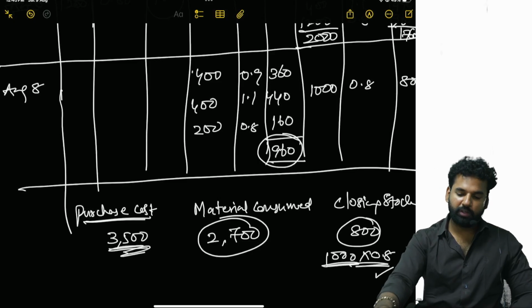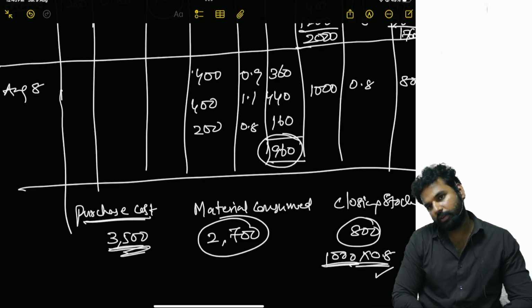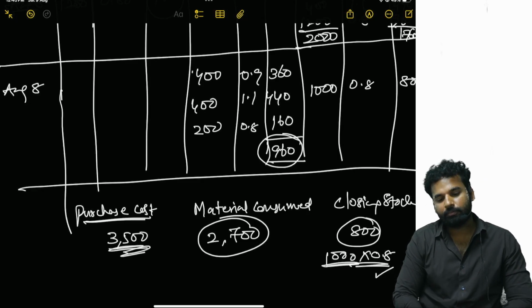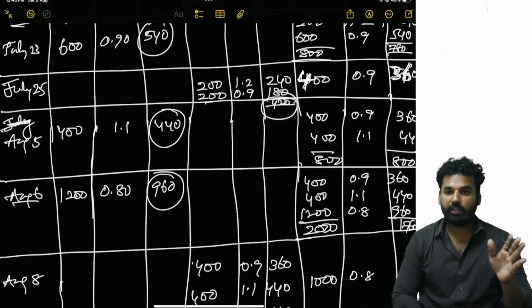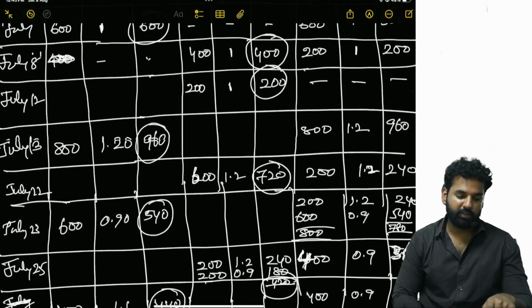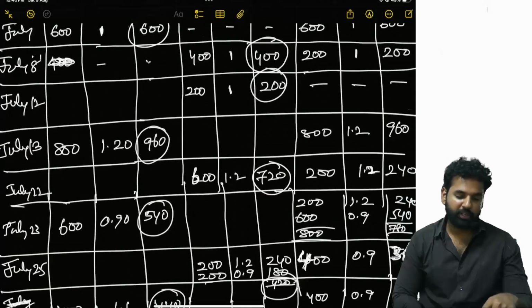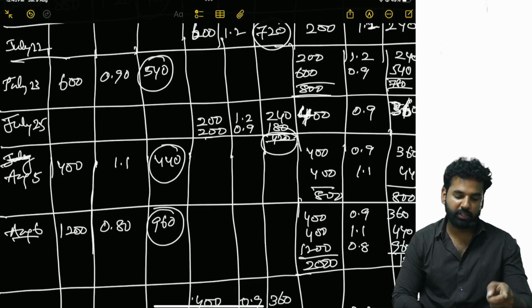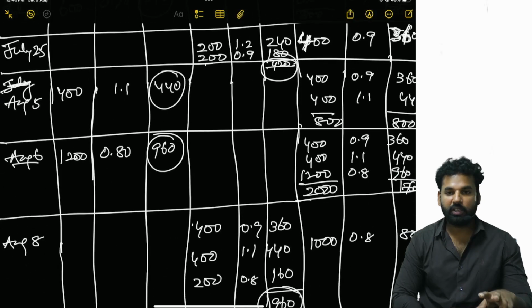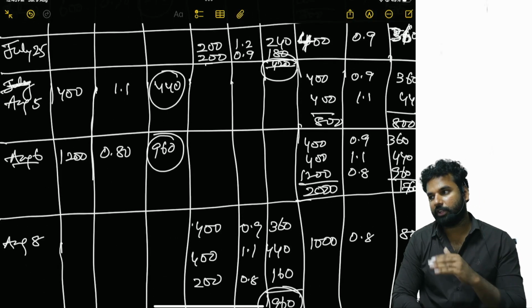If you solve the same question in the LIFO method, what will happen? Different prices are there, and we cannot say whether there is inflation or decline. First we purchased at rupee 1, next 1.2, later it decreased again to 0.9, next increased, next decreased. So there is no trend in the prices.